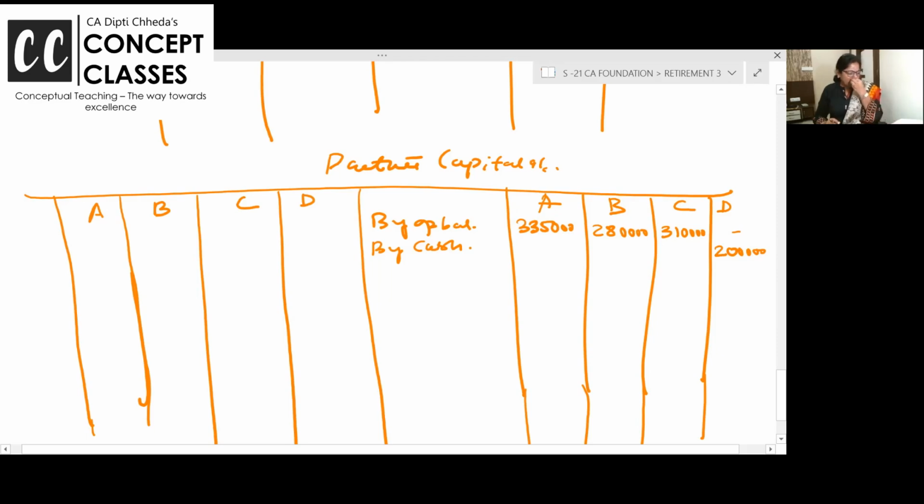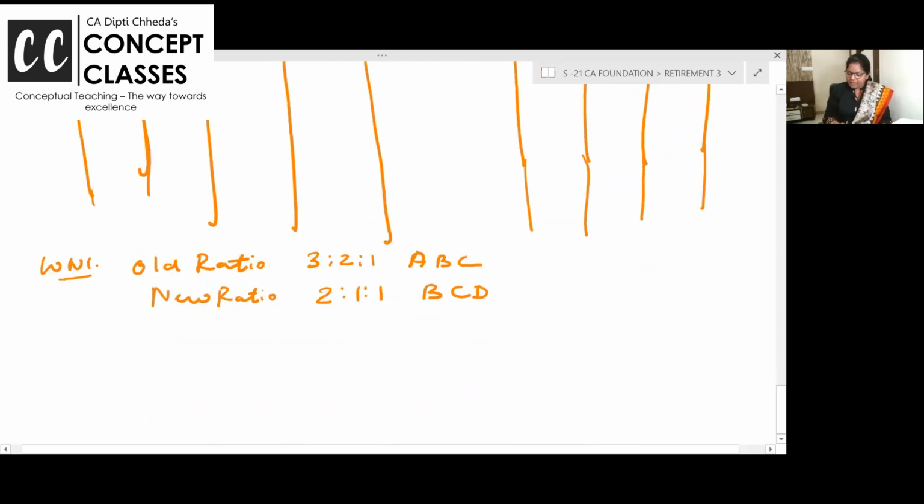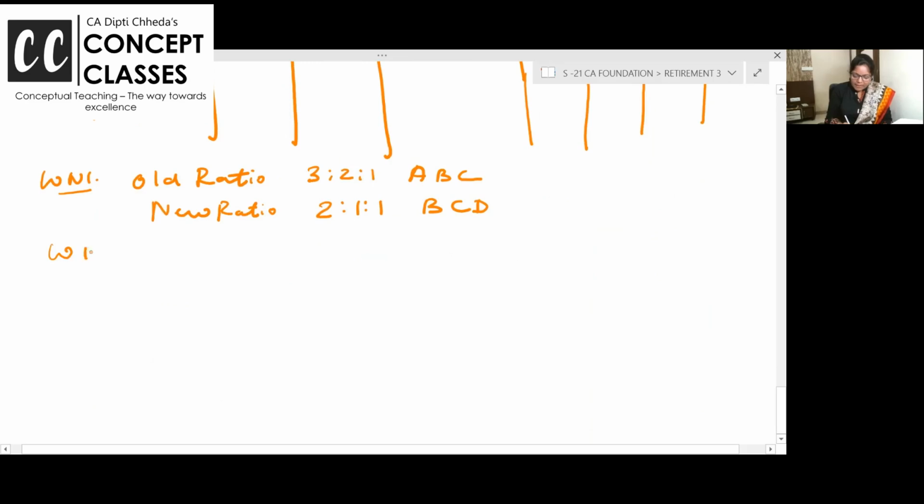To whom will we give 1,50,000? Old partners in the sacrificing ratio. D is getting goodwill. So cash account debit to the old partners in the sacrificing ratio. So now we have to work that out.